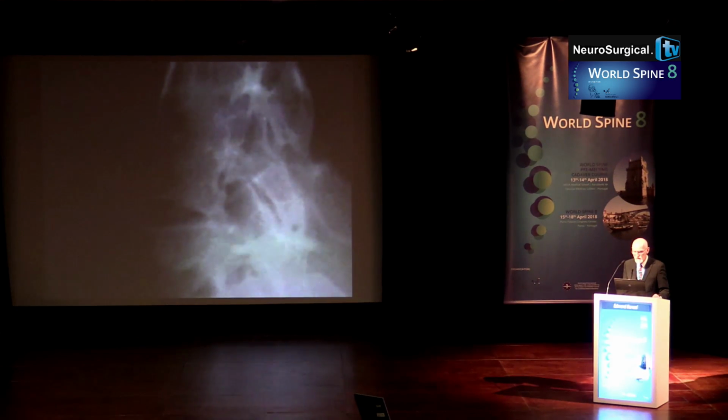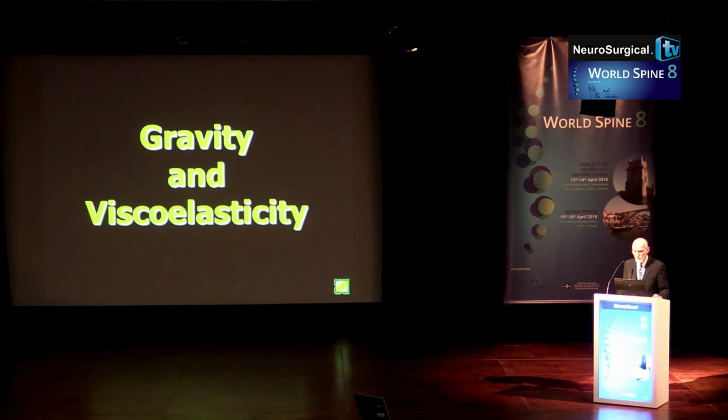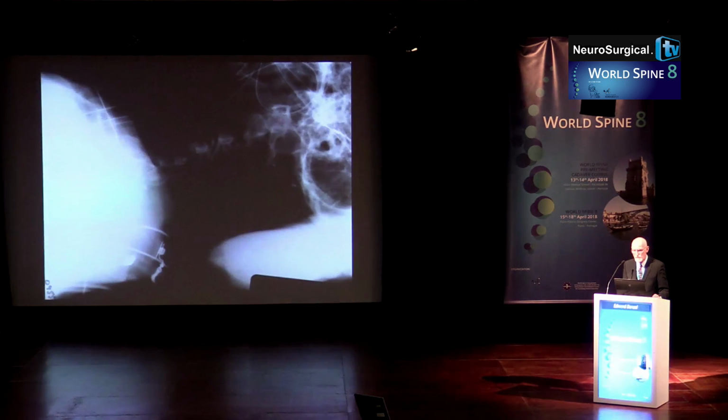We saw several areas in her spine where she angled and moved, and so we used gravity and viscoelasticity to help correct her deformity. Viscoelasticity is the principle by which the application of a constant load, say for example the weight of the head moving backwards, causes gradual deformation of the spine.